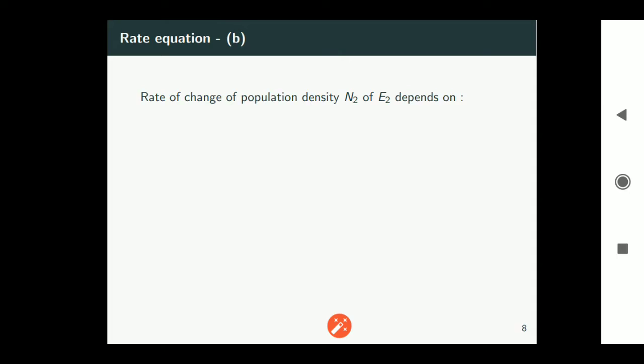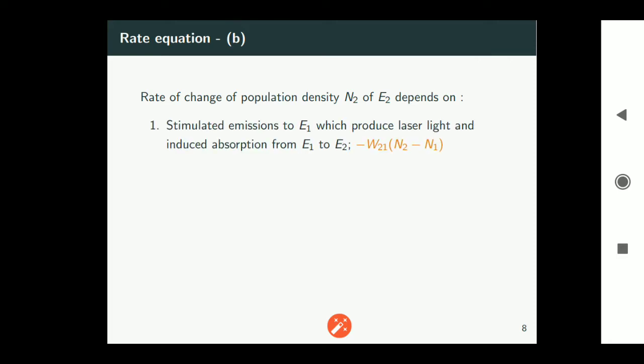Now let us write the rate equation for the energy level E2 with a population density N2. The rate of change of N2 depends on again three factors: stimulated emission, which makes a transition from E2 to E1 and produces laser light, and again induced absorption in the reverse direction. Combining that, we can write that it is proportional to minus W21 into (N2 minus N1).